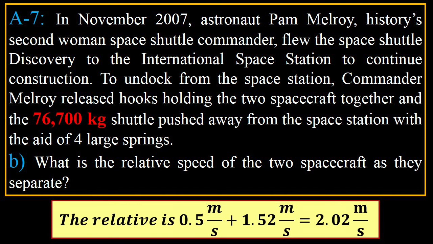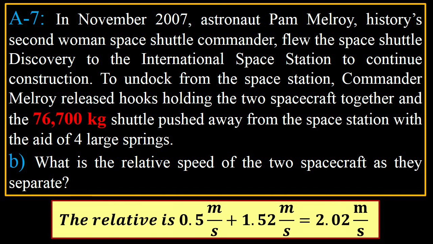Now, let's say you're on a big highway, going 120 kilometers per hour, and there's a car coming at you going 120 kilometers per hour in the opposite direction.